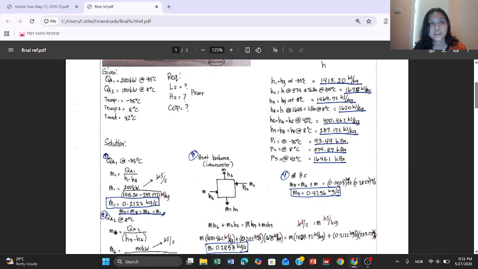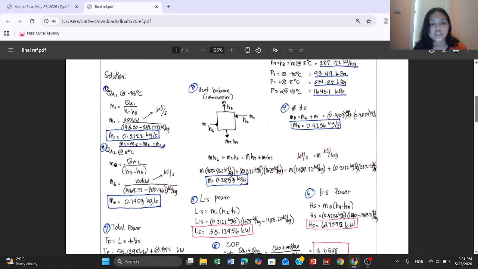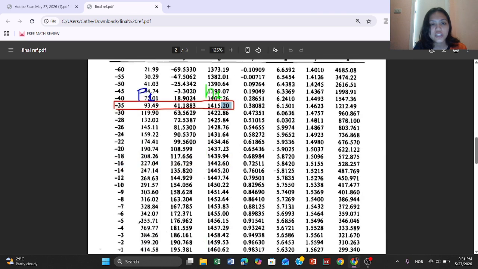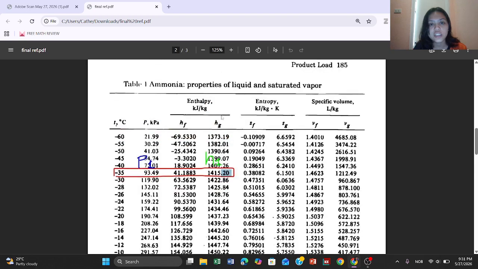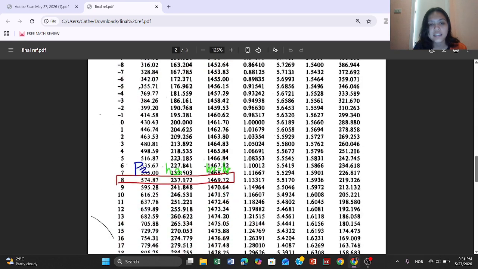So next we need to get the value of H3, which is Hg at 8 degrees Celsius. Here is the Hg line at 8 degrees Celsius.